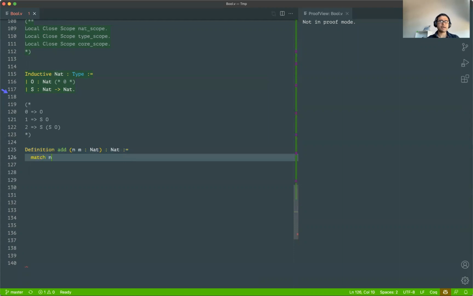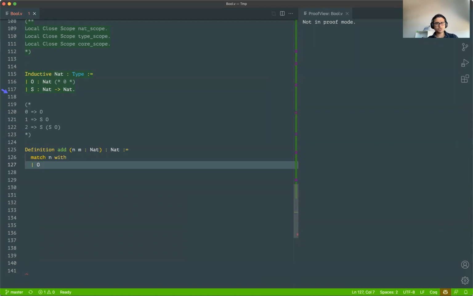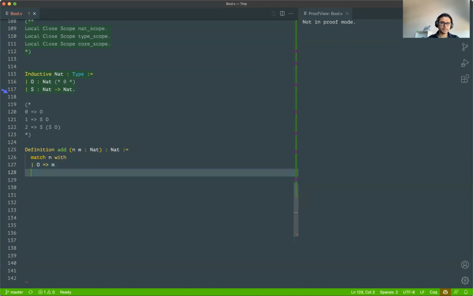So I'm going to do match n with, pattern matching on n. Remember, n has two constructors, so I need to write two clauses. When n is 0, 0 plus m is m, so I'm going to return m.